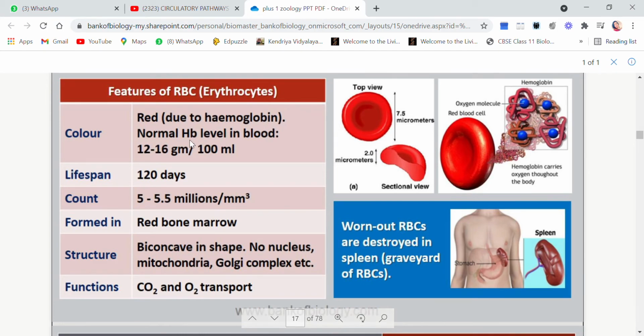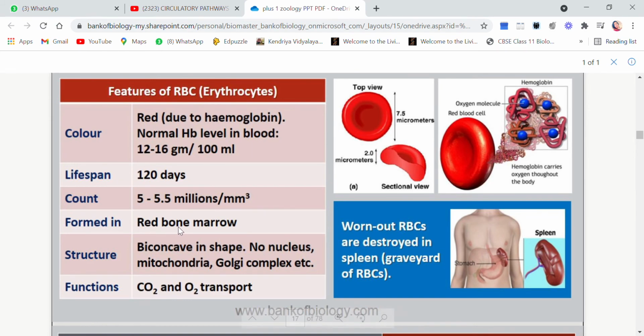Normal Hb level in the blood should be 12 to 16 gram per 100 ml. This is for a healthy person. RBCs have a lifespan of 120 days. And normally the count should be 5 to 5.5 million per cubic millimeter.